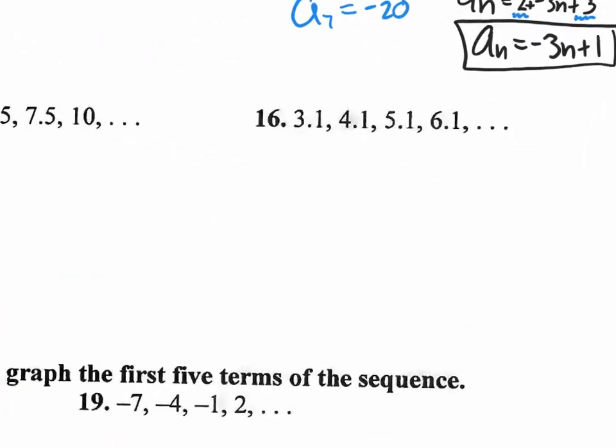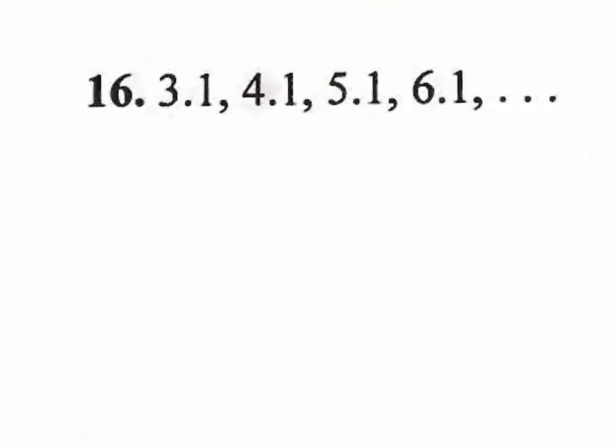16? Sure, why not? Let's look at 16 because it has decimals. So we already know it's arithmetic because the instructions say that it's arithmetic, and they want us to find the next 3 terms. So how do you find the common difference? You simply take a number, pick a number, 4.1, and subtract the one before it. So you're going to have 4.1 minus the one right before it, which is 3.1.